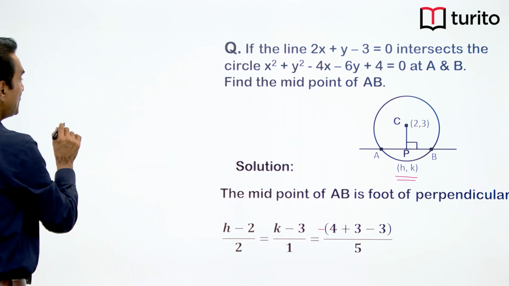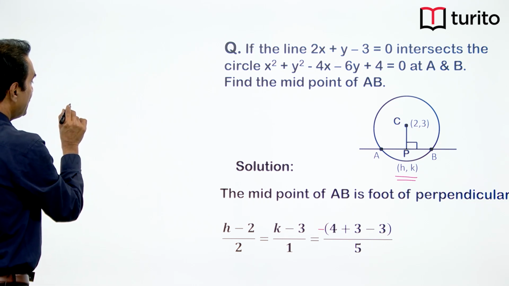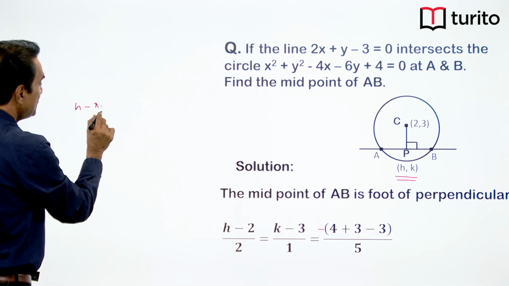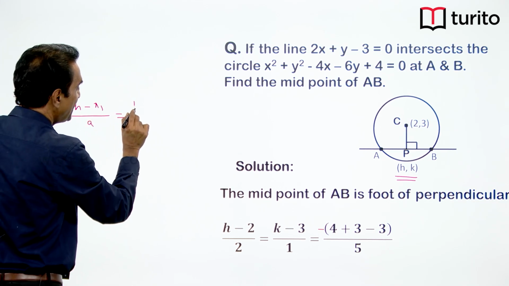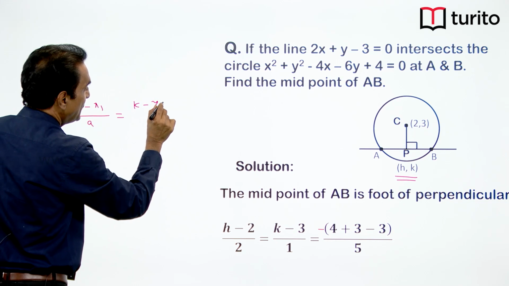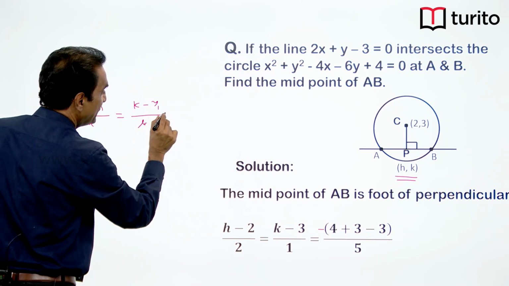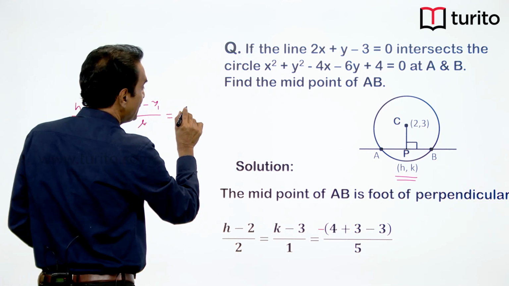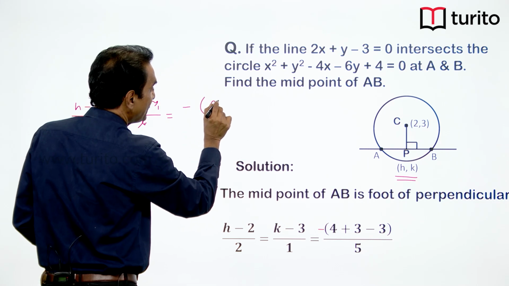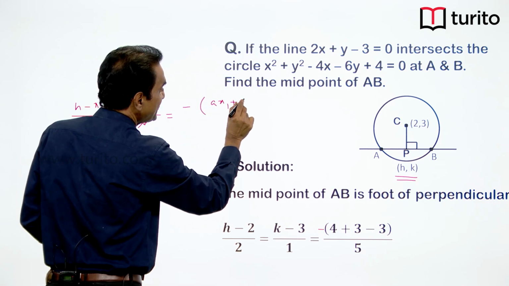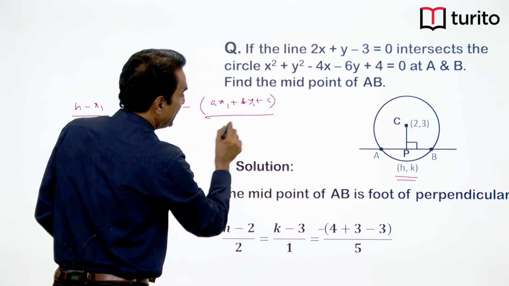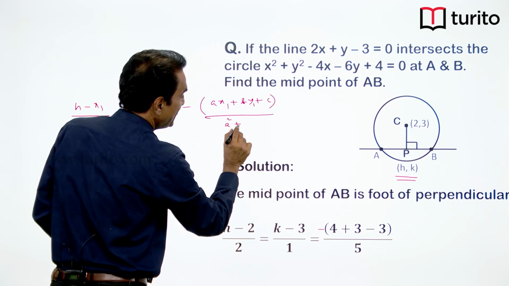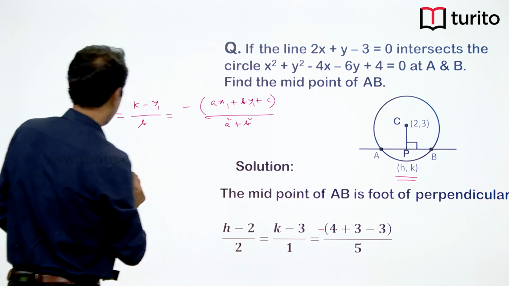The formula for foot of the perpendicular is h minus x1 by a is equal to k minus y1 by b is equal to minus of (ax1 plus by1 plus c) by (a square plus b square).